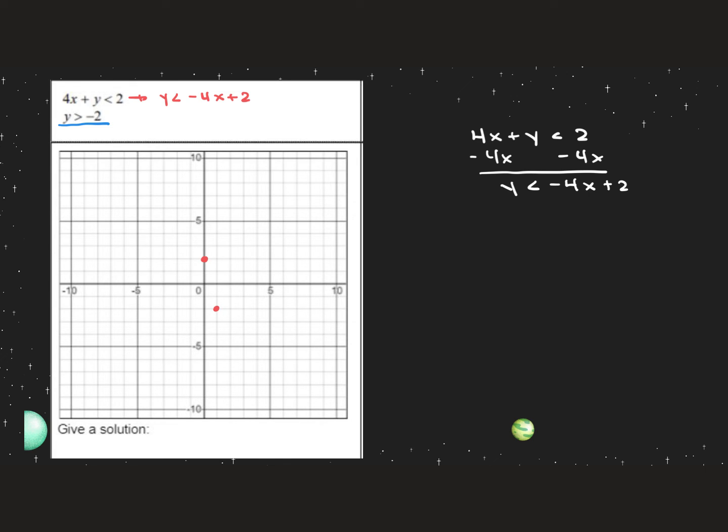Down 4, over 1, down 4, over 1. Do the opposite, up 4, over 1. And I'm going to have a dashed line. And since y is less than, I'm going to shade below.